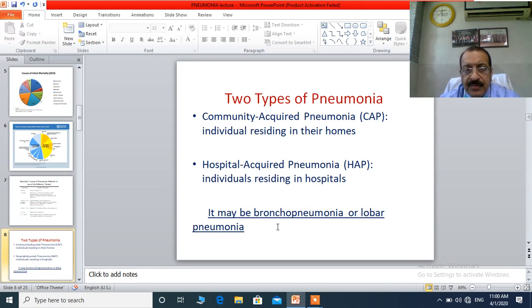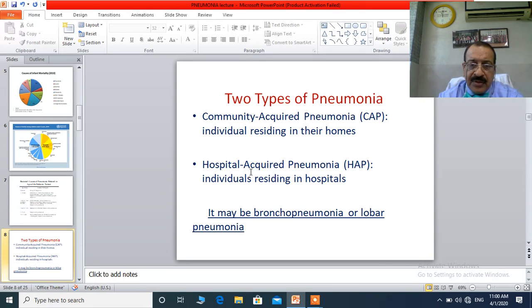There are different types of classification of pneumonia, and one of them is community-acquired pneumonia and hospital-acquired pneumonia. Community-acquired pneumonia cases acquire infection while they are at home. They acquire infection from the community, and their organisms are different from those who acquire pneumonia in the hospital.